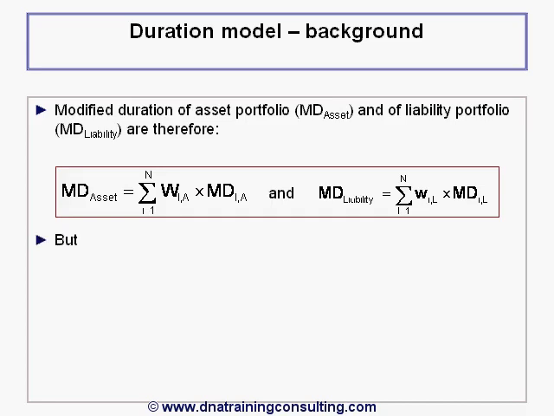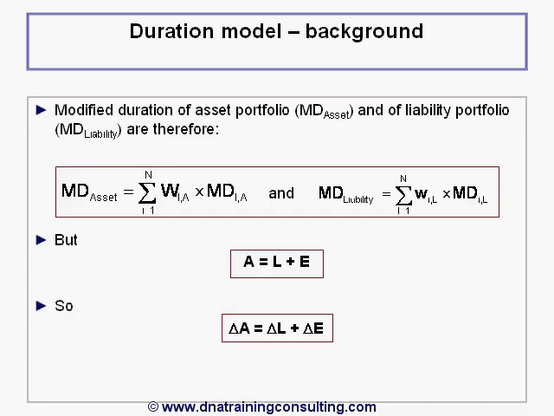But we know that total assets equal total liabilities plus equity. So a change in the value of total assets, delta A, equals the change in the value of total liabilities, delta L, plus the change in the value of equity, delta E.